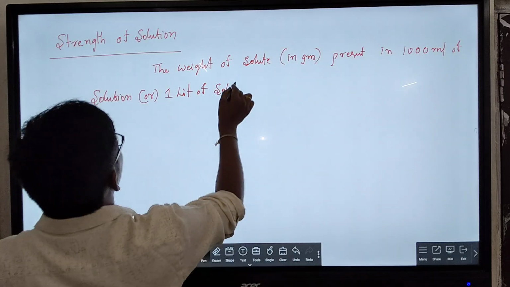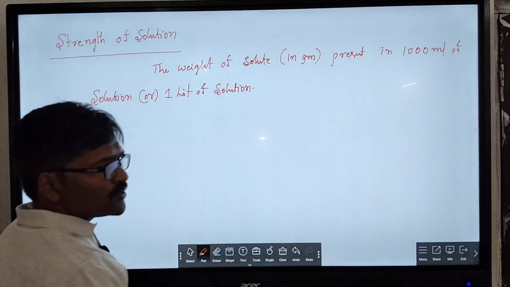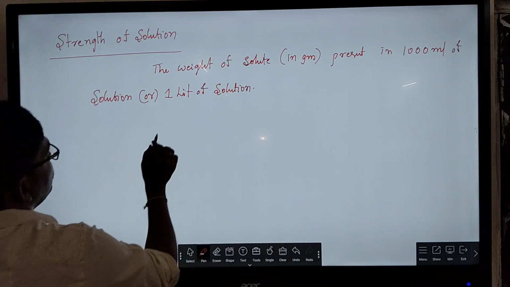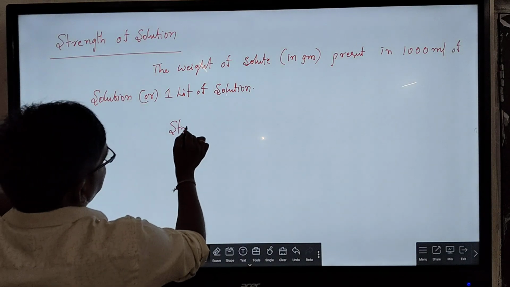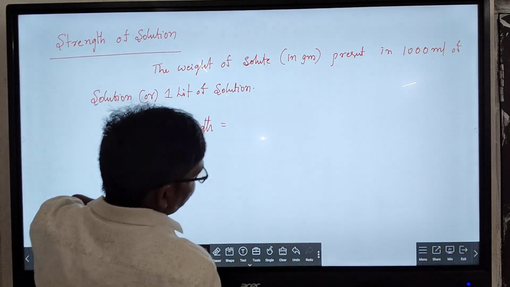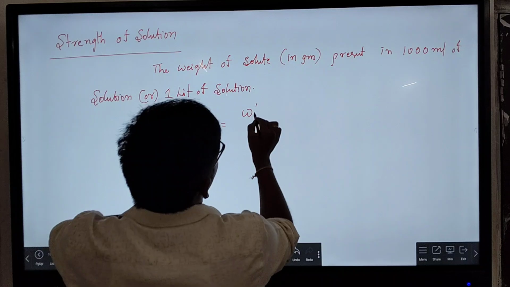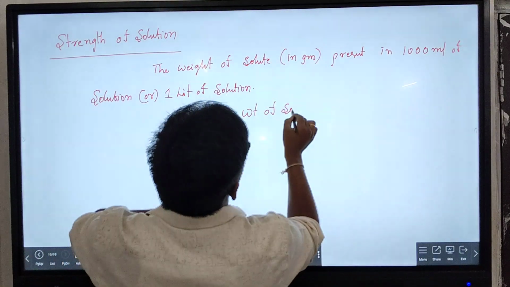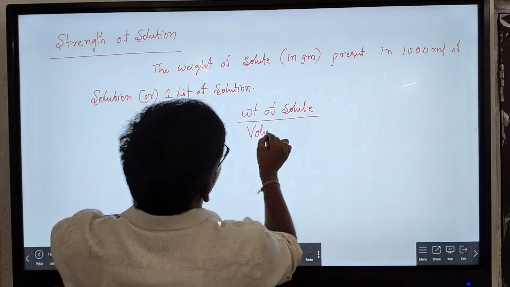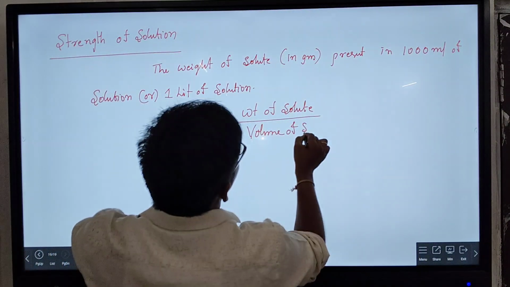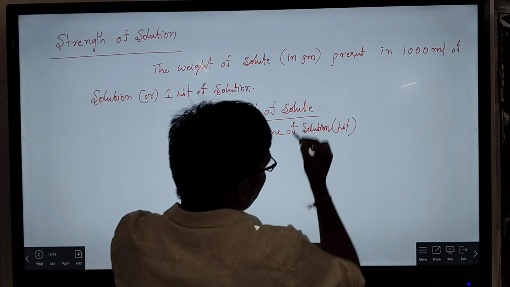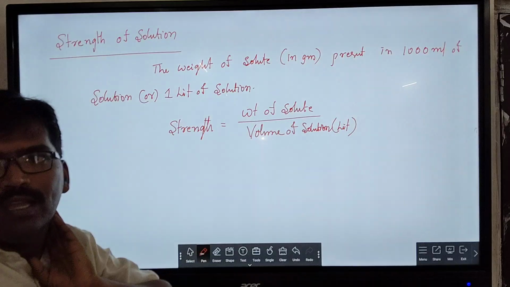That is called the strength of solution. So if you want to find the strength, strength equals the weight of solute divided by the volume of solution in liters. You have to take the volume of solution in liters.